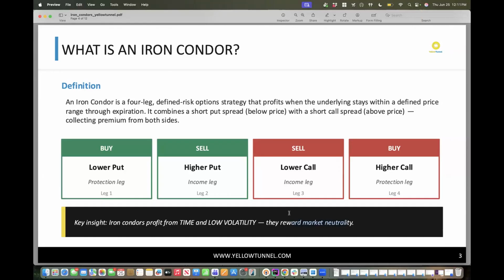Yeah, I think the big key, and you touched on this already, obviously, is it's got to be a situation where I believe the market or the stock that I'm looking at is going to remain range bound. If I believe there's a directional trend or a potential for a big move, then that's not the right time for me. If we've got a big inflation number or a big non-farm payrolls number that could break the market out of a range, that's not the right timing for my personal implementation.